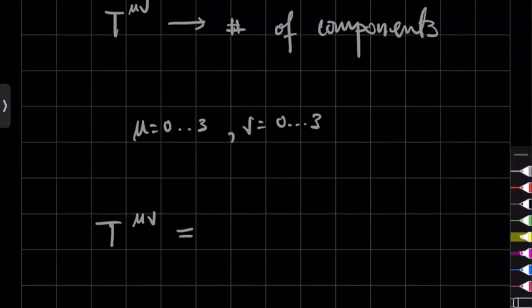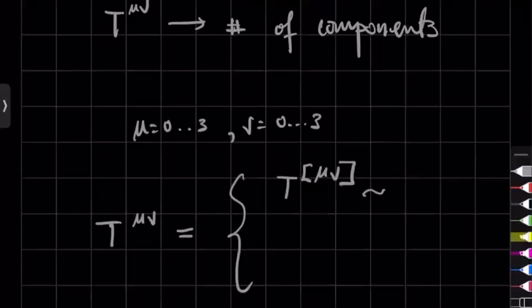One would be the anti-symmetrization of the indices. Okay, so can somebody tell me what would be the number of elements here? Okay, we'll do the counting a bit later.